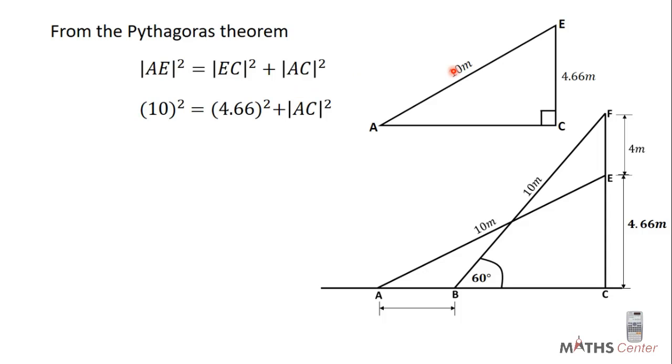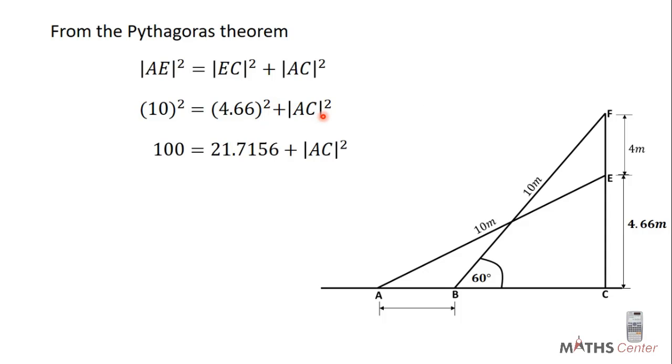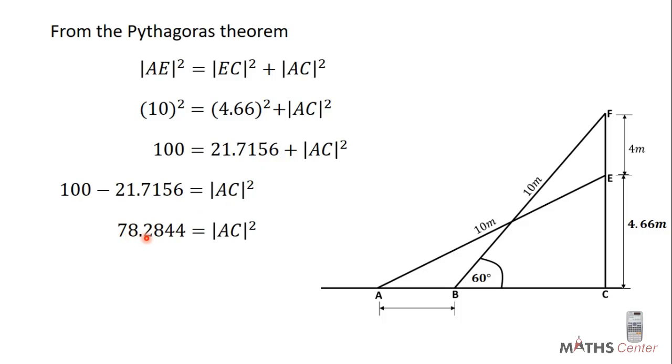AE is 10 meters, so 10 squared is equal to 4.66 squared plus AC squared. You simplify this and you are going to have 78.2844 is equal to AC squared. You take square roots of both sides and you are having 8.85 meters. So AC, if you correct your answer to 3 significant figures, just as the question told us to do, AC will give you 8.85 meters. So we now have AC.